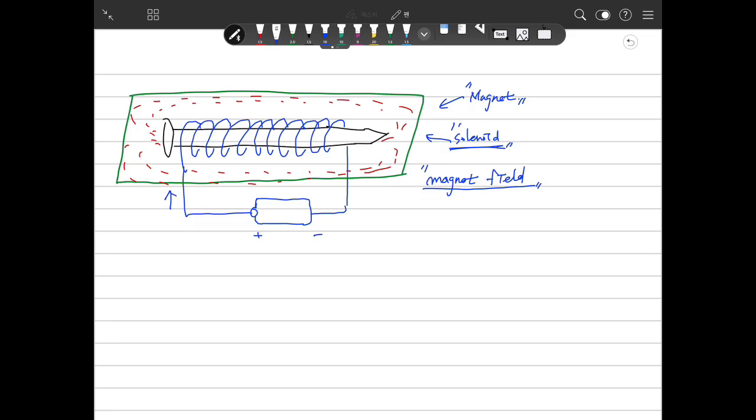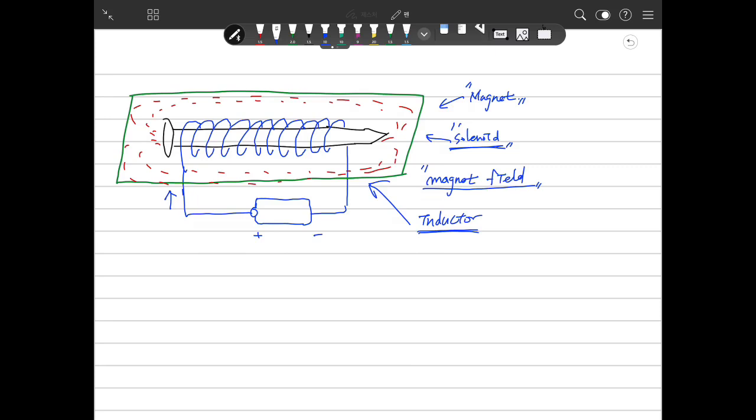To make a magnetic field means there is some energy in this coil area. So we call this structure an inductor. An inductor is a kind of energy storage device in the form of a magnetic field.